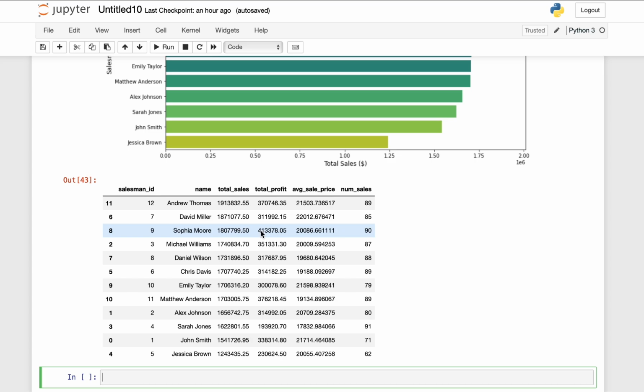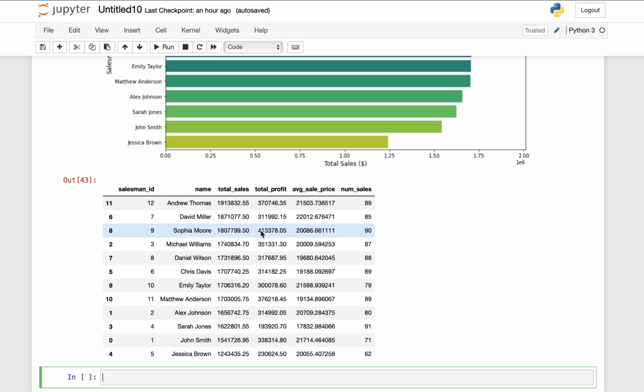Now let's discuss average sale price. On average, the vehicles that they are selling, what's the average price of the vehicles that each individual is selling? This is going to show us what's the average value of a transaction handled by each salesperson. And we can see that David Miller has the highest average sale price at around $22,000, suggesting potentially he might be specializing in higher value transactions, meaning more expensive cars.